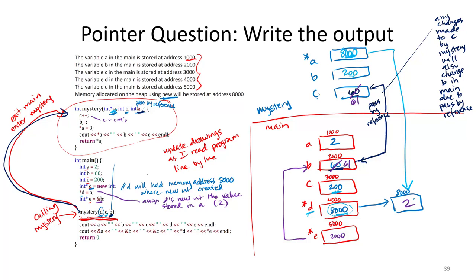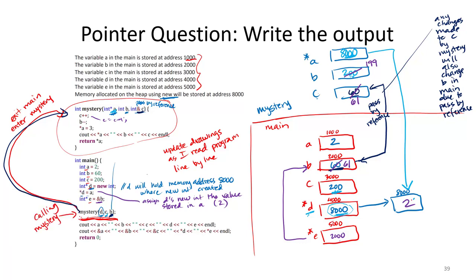Next line of code, we have b minus minus, so that's 200 equals 200 minus 1. So our variable b is going to be decremented to 199. Next, asterisk a equals 3. So remember what that means is I'm going to go where a points.